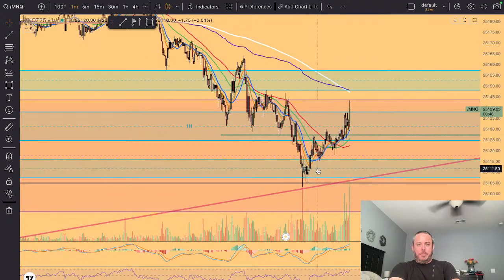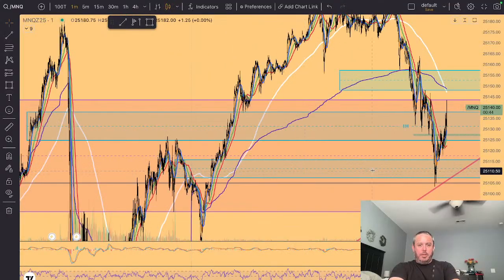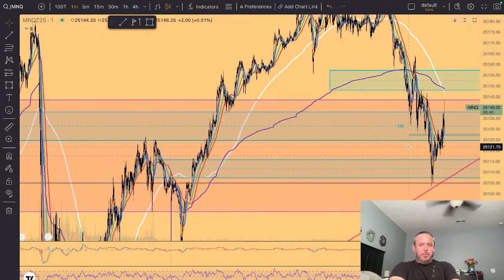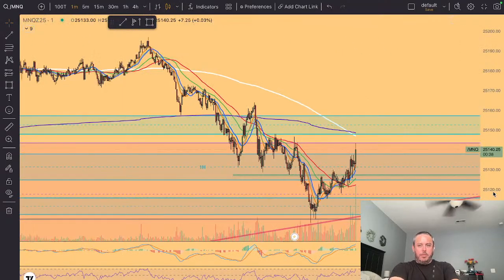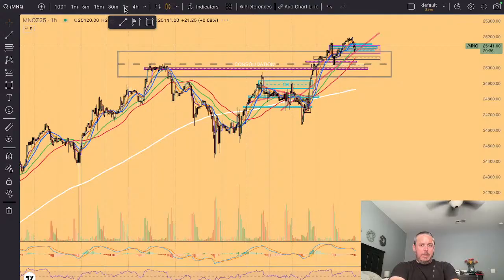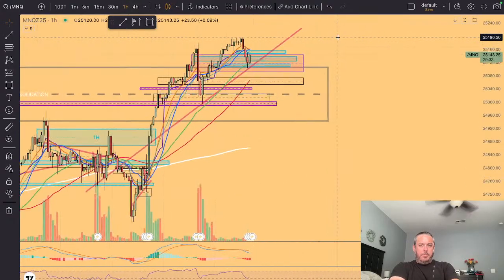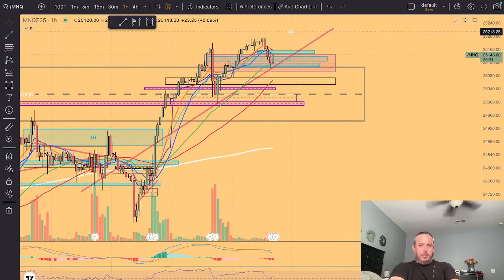Alright, so buying off of this liquidity right here would have been a nice entry. Doesn't mean we don't come back down and reject off of VWAP. I really hate these all-time high kind of days. And actually, this might rip.